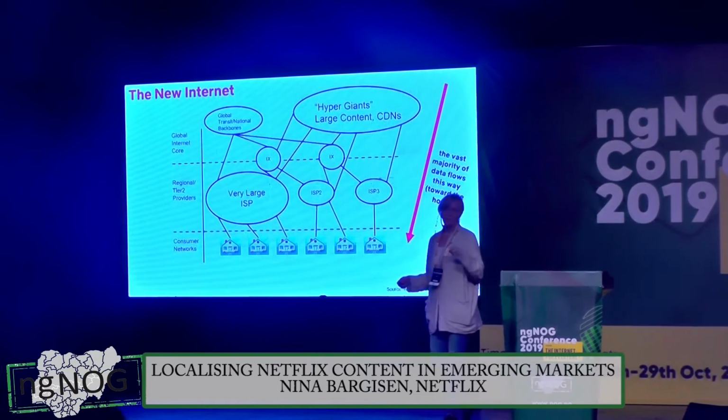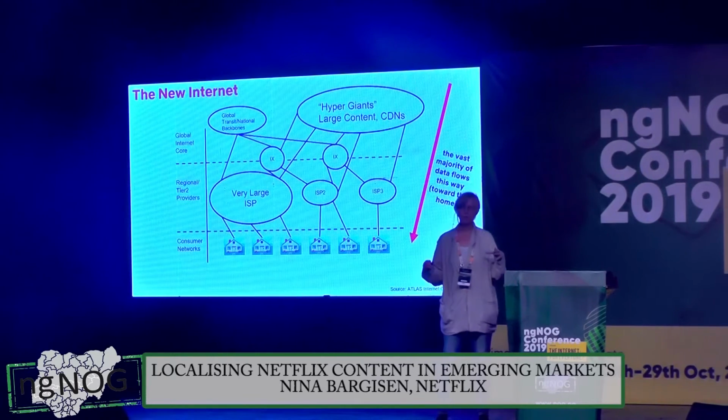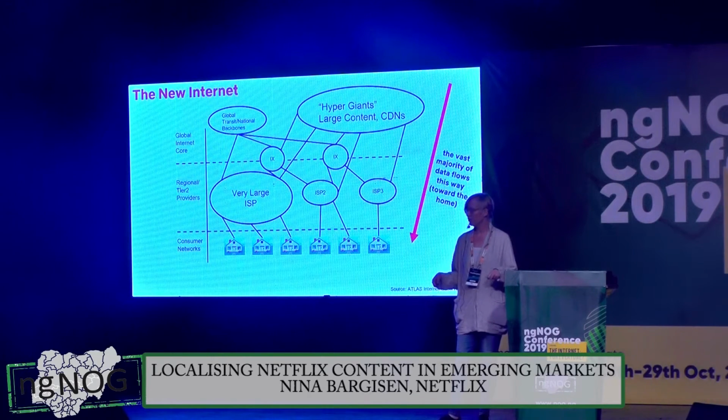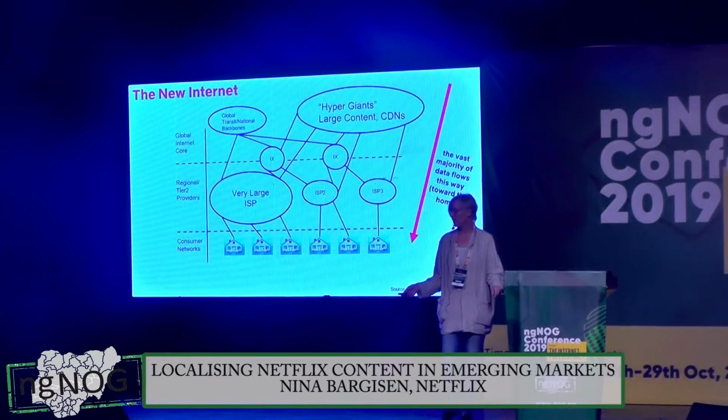Today, things are looking a little bit different because a number of us have a lot of traffic going in one direction, and peering has come in and bypassed the global providers. So today we have content providers, cloud providers, and internet exchanges changing the directions of the flows on the internet today.